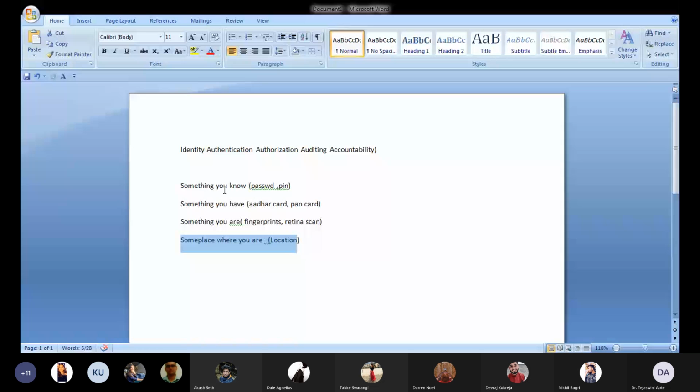Now, there are two things you need to understand. When you say something you are, that means maybe you must be doing a biometric scan. What if that biometric machine is not working? A false rejection error is there.